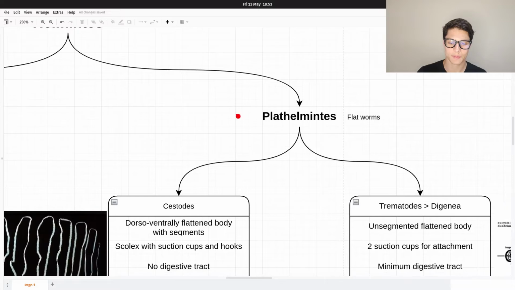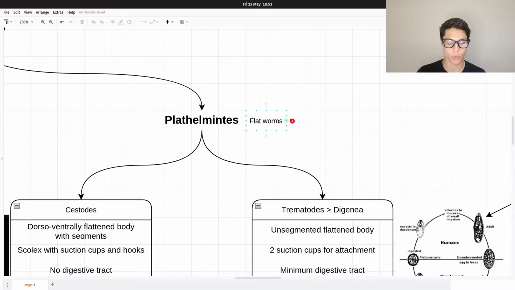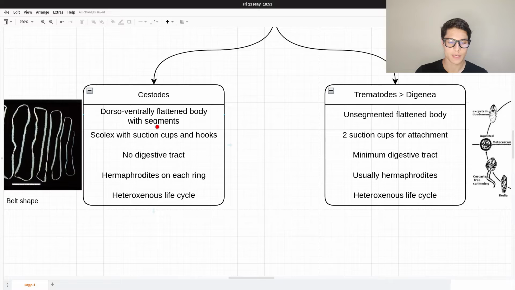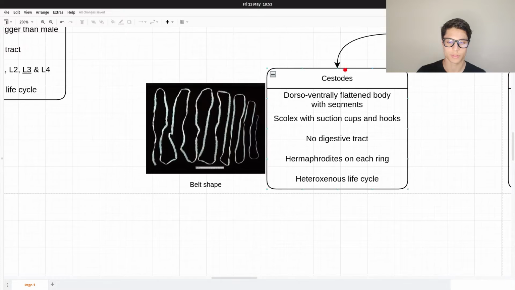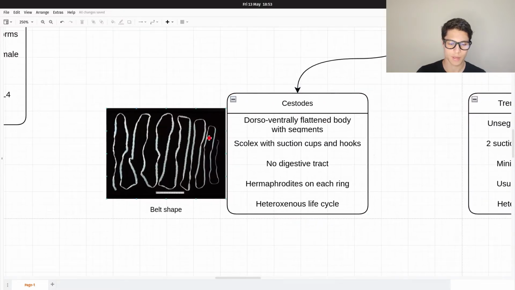And then we have the platyhelminths. Platyhelminths are flatworms. We have cestodes and trematodes, in particular the Digenea. So cestodes first. Cestodes are belt-shaped like worms. They are dorso-ventrally flattened body with segments. This is very important. They have segments. They possess a scolex that they use to attach to the intestine because the scolex has suction cups and hooks.